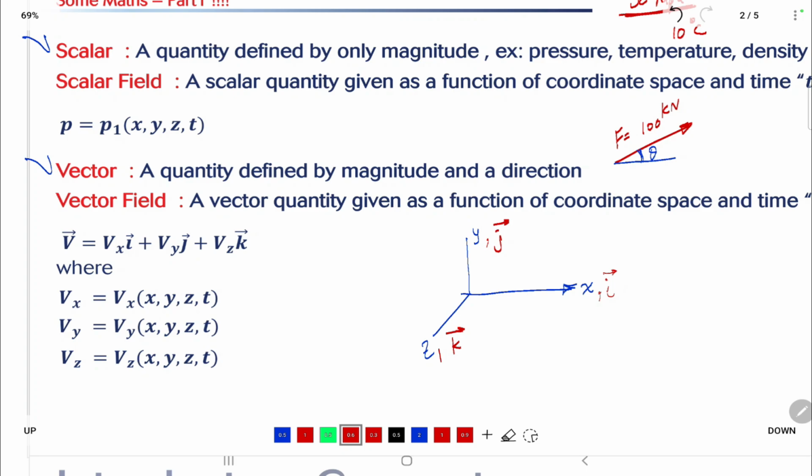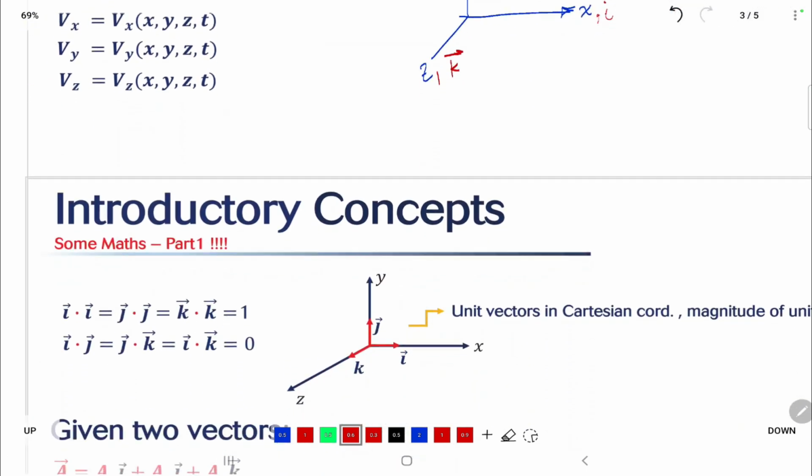So I have i, j, k. So these are vx, vy, vz. So the full description of V is given by these three components in space for its location, for its position, and there is another variable which is the time t.